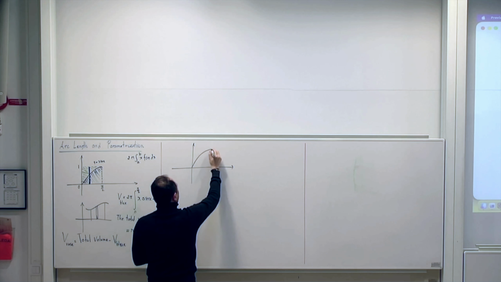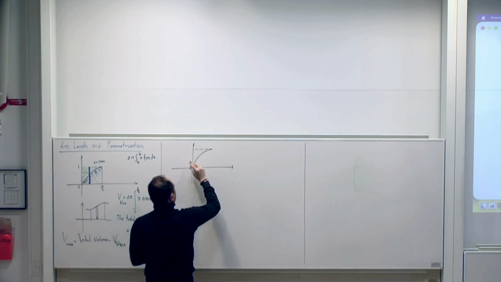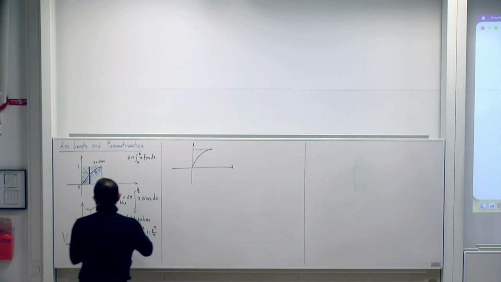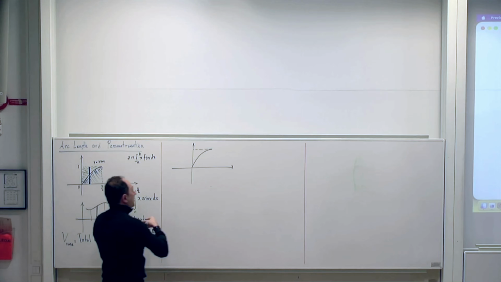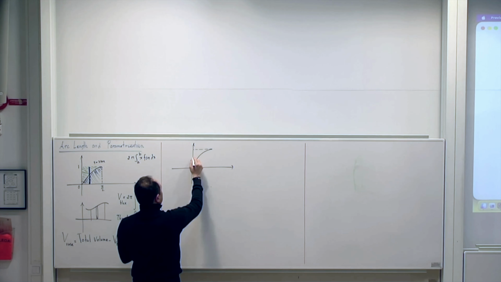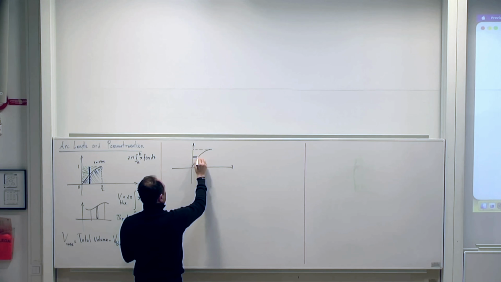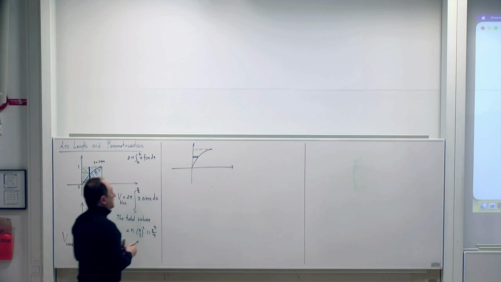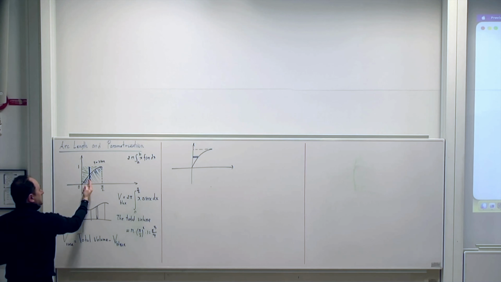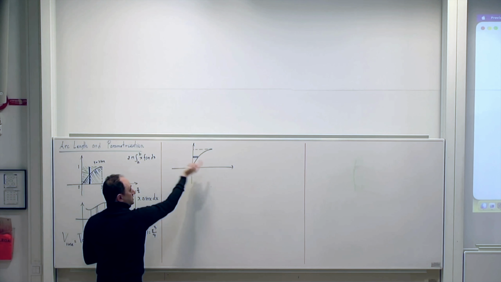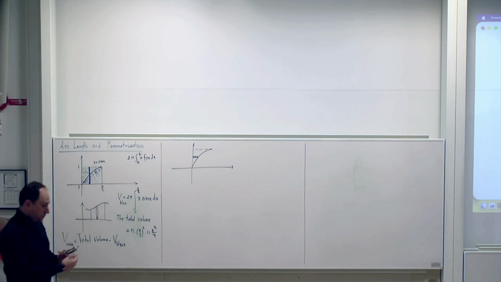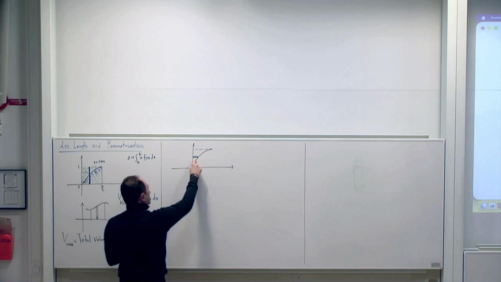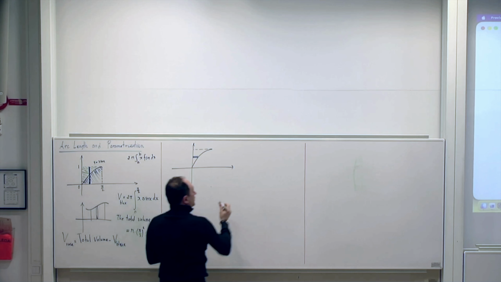So for example, if I have this scenario, and then instead of having vertical rectangles, let me choose horizontal rectangles. So in this case, it is the cylindrical shell method, but in this case, it is the solid of revolution method. Yes? So for this case, I have to find the formula for the volume of revolution.